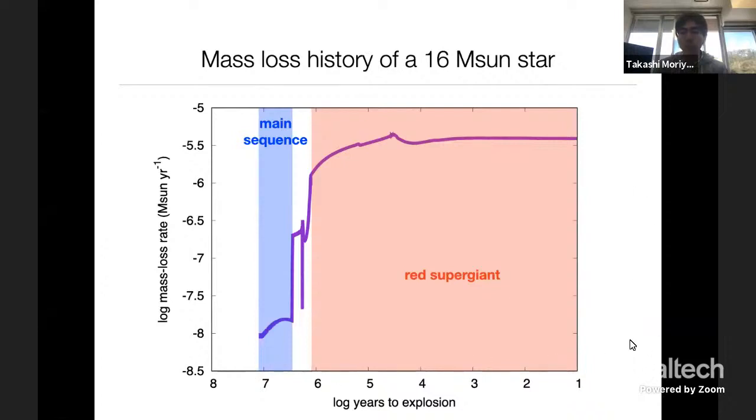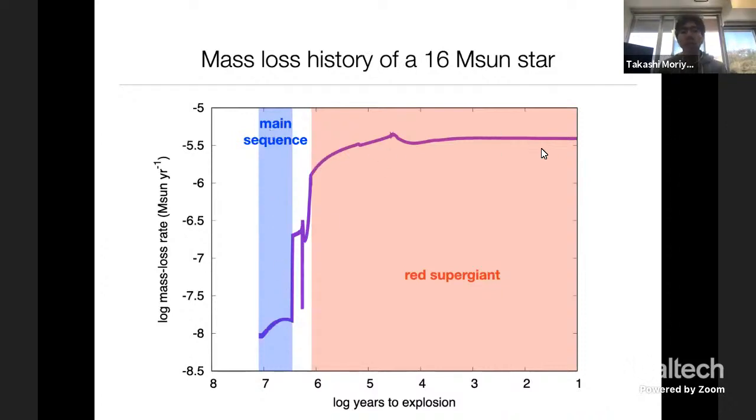The star explodes here, and this is an example of 16 solar mass stellar evolution. During the main sequence, you have more than 10 million years, but the mass loss rate is not that high. And in the red supergiant phase, the lifetime is 10 times shorter, but the mass loss rate is actually, in this particular case, a factor of 100 higher than the mass loss rate during the main sequence.